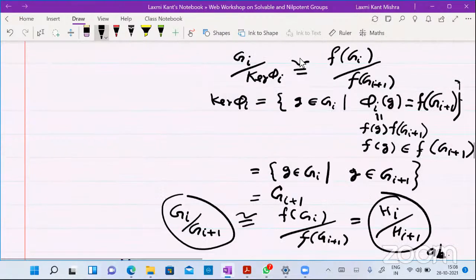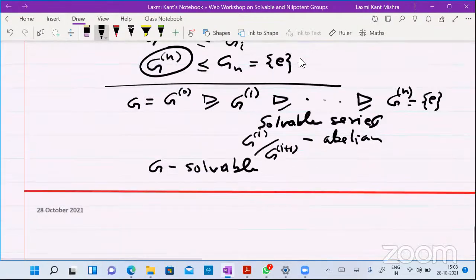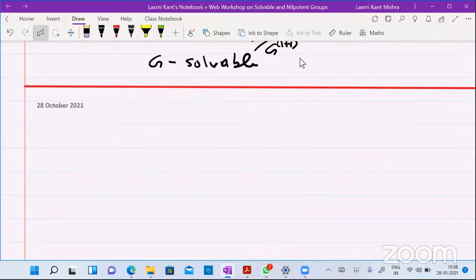So why are we studying solvable groups? You know very well. And solvability is what? Solvability is just a measure of how far a group is from being abelian. If it is abelian, you know very well that it has a solvable series. So it is not so far. It is very close.